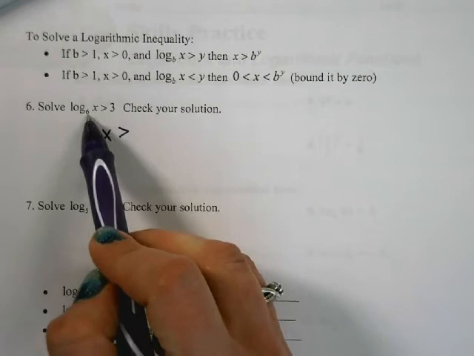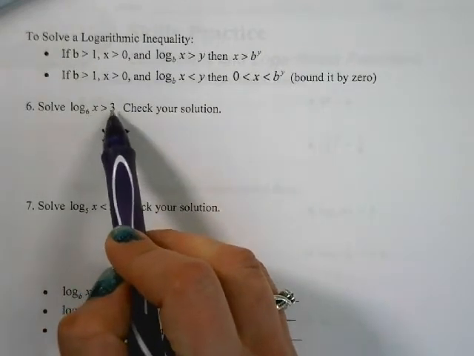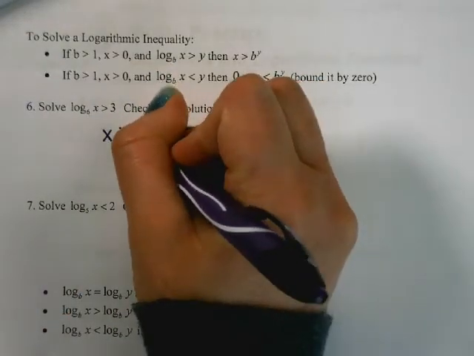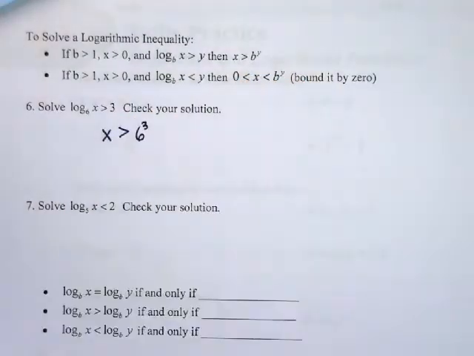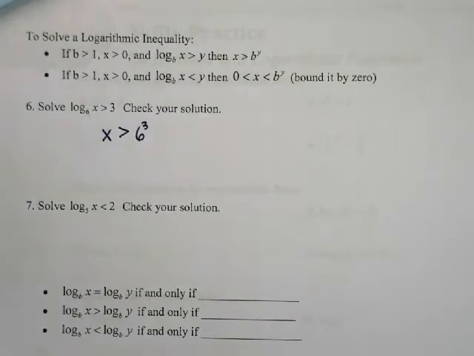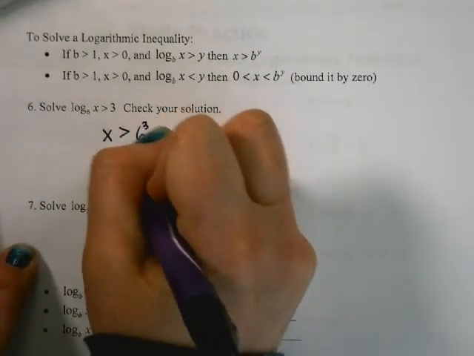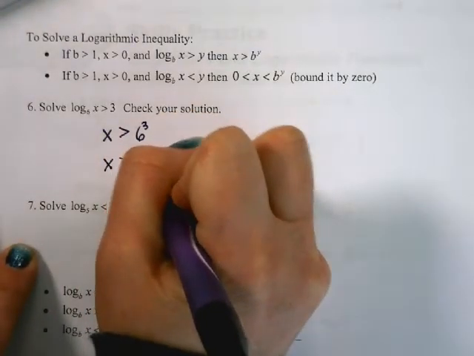If I go from logarithmic form to exponential form, this would be greater than 6 to the 3rd. So what's 6 to the 3rd? 216. So x is greater than 216. Okay, not bad, right?